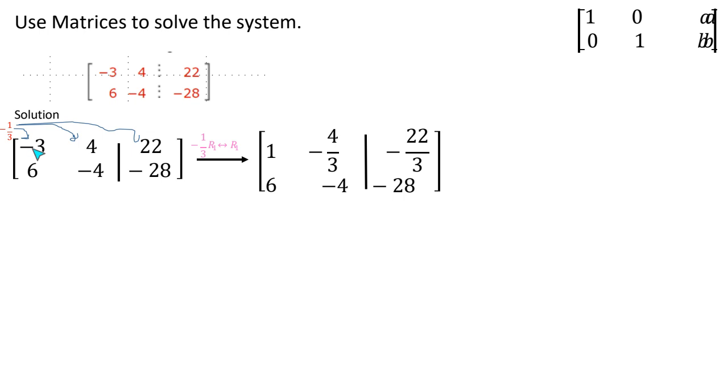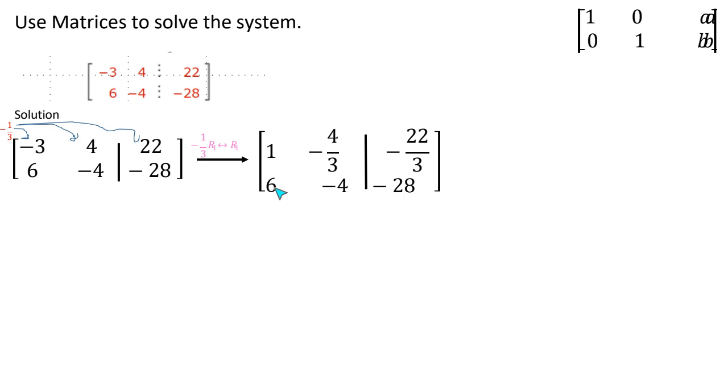So -1/3 times -3 is +1. -1/3 times 4 is -4/3. -1/3 times 22 is going to be -22/3.